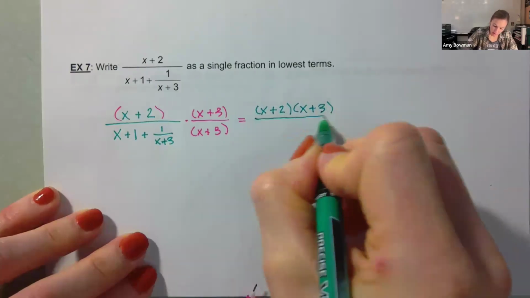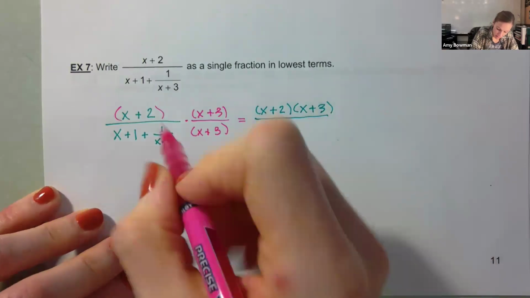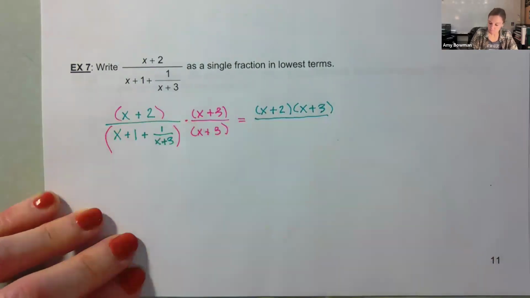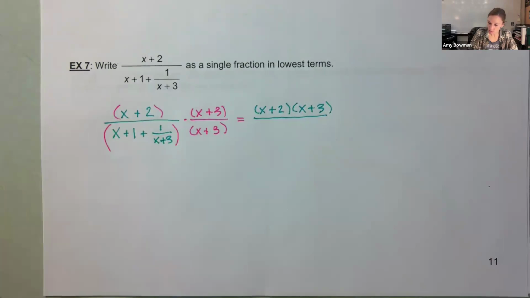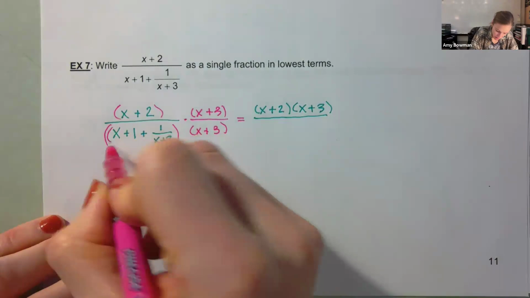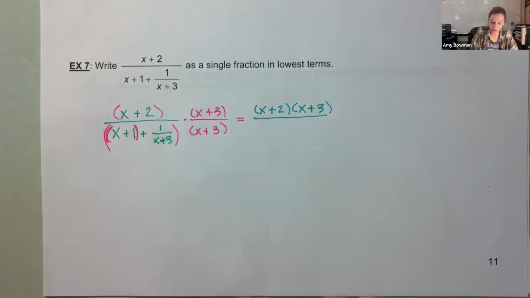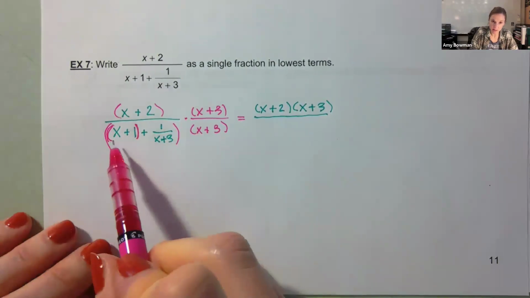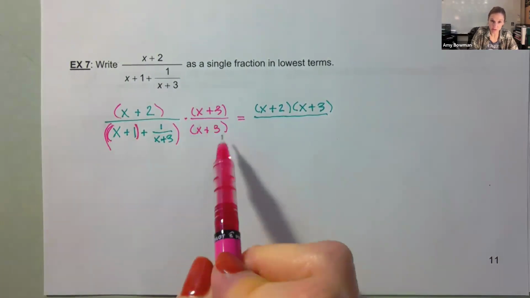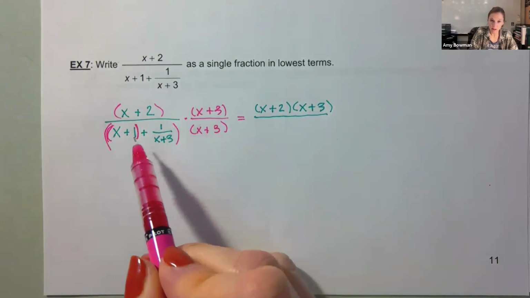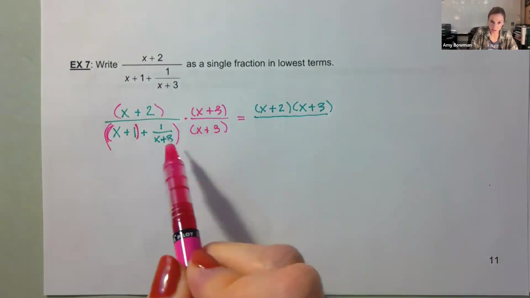In the denominator, this one's a little more complicated. You've got some options here, but the way that I see this is x plus 1 as a group. So this is tricky. You could do x plus 3 times x and distribute the x. Then you could do x plus 3 times 1, and then x plus 3 times 1 over x plus 3.